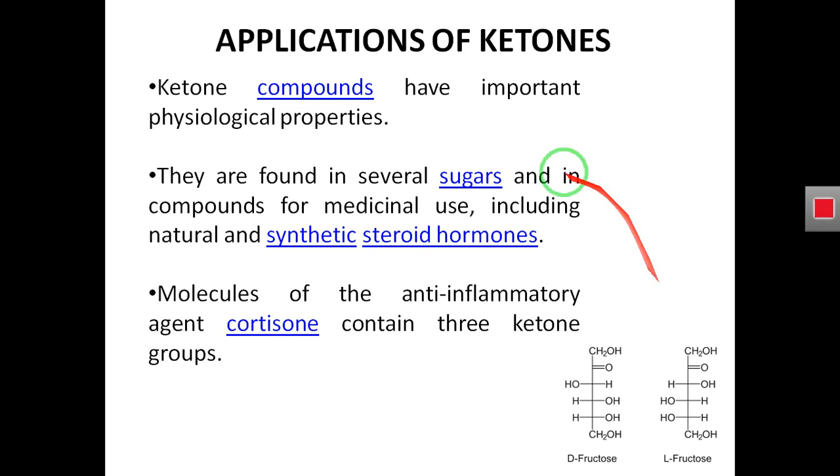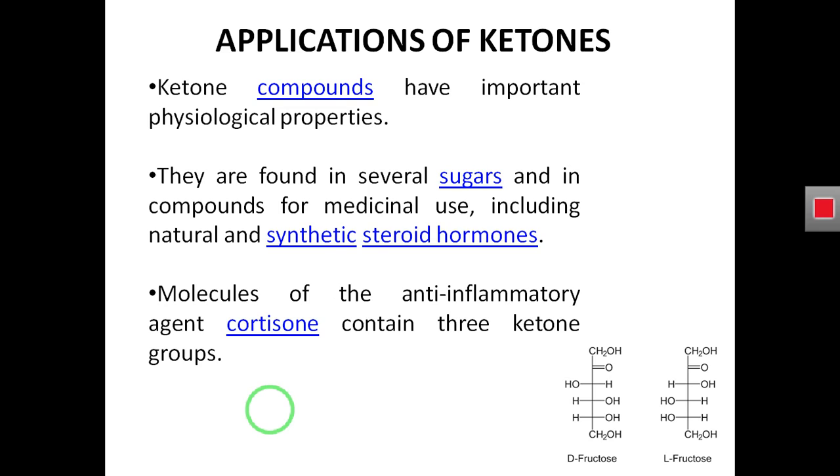And ketones also have anti-inflammatory properties. Cortisone is a hormone that has a ketone group. What is a hormone? A hormone is a protein, or it has its biological action in another part of the body.